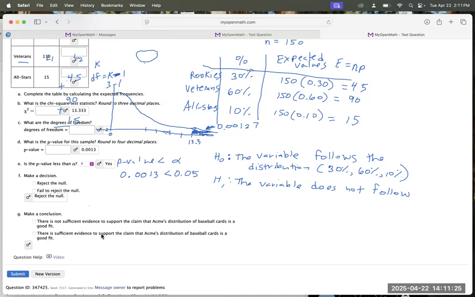They're actually saying there is sufficient evidence for the null hypothesis, which is not what we want to say. And they're saying there is not sufficient evidence to support the distribution of baseball cards as a good fit. So the first one is actually what we really want.